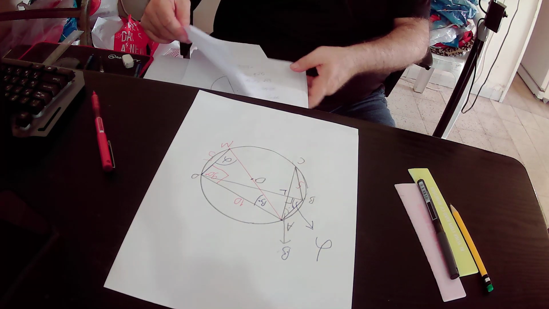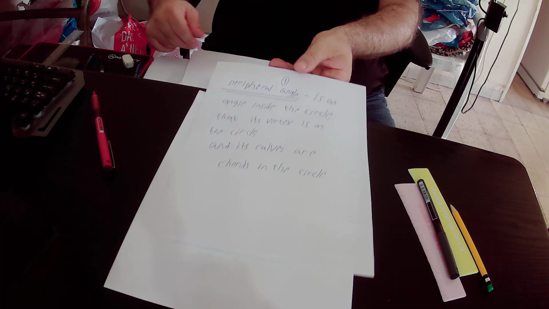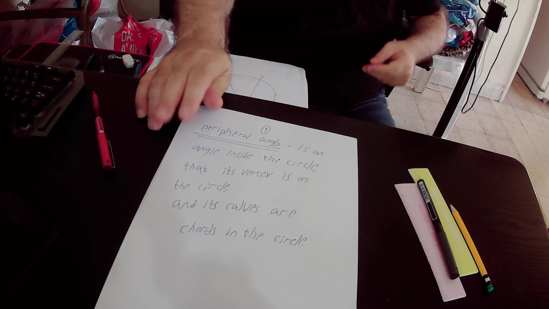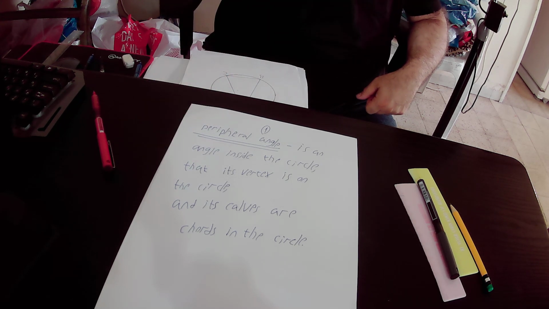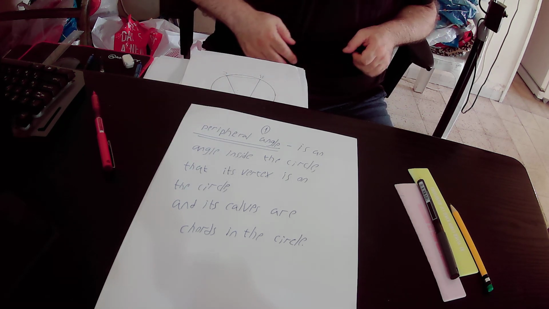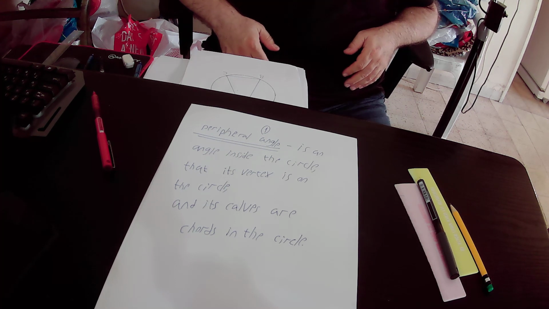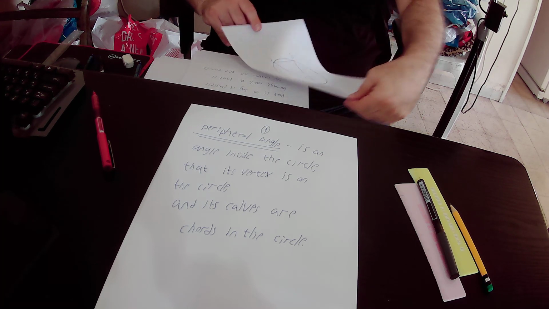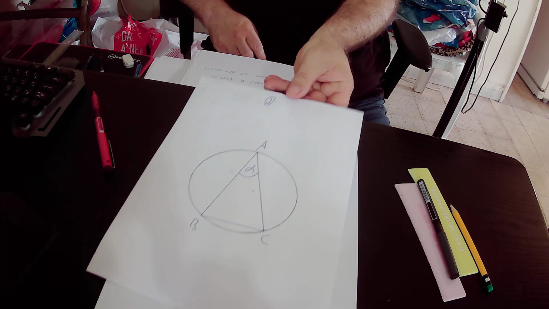So I will repeat the definition of a peripheral angle. A peripheral angle is an angle inside the circle whose vertex is on the circle and whose sides are chords in the circle. So I gave you an example of a peripheral angle.